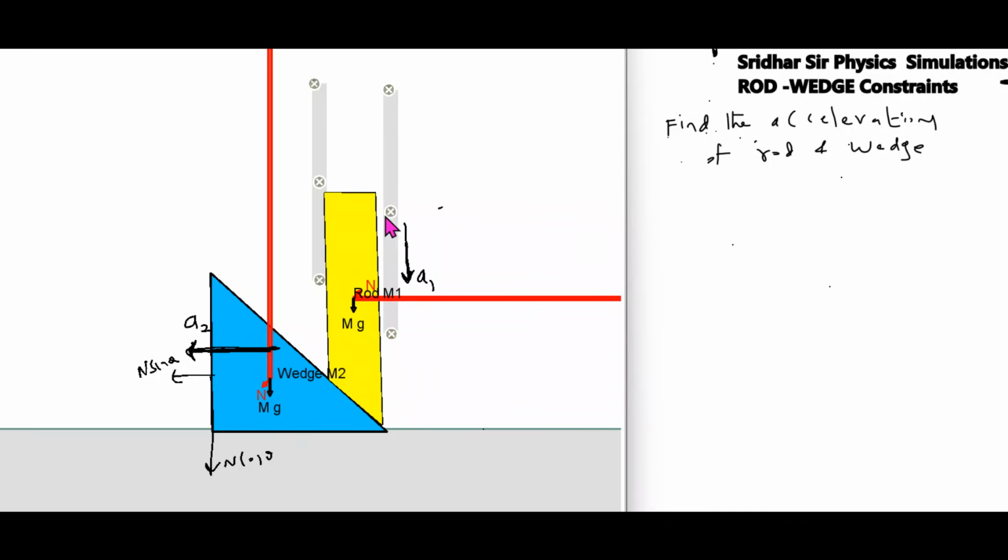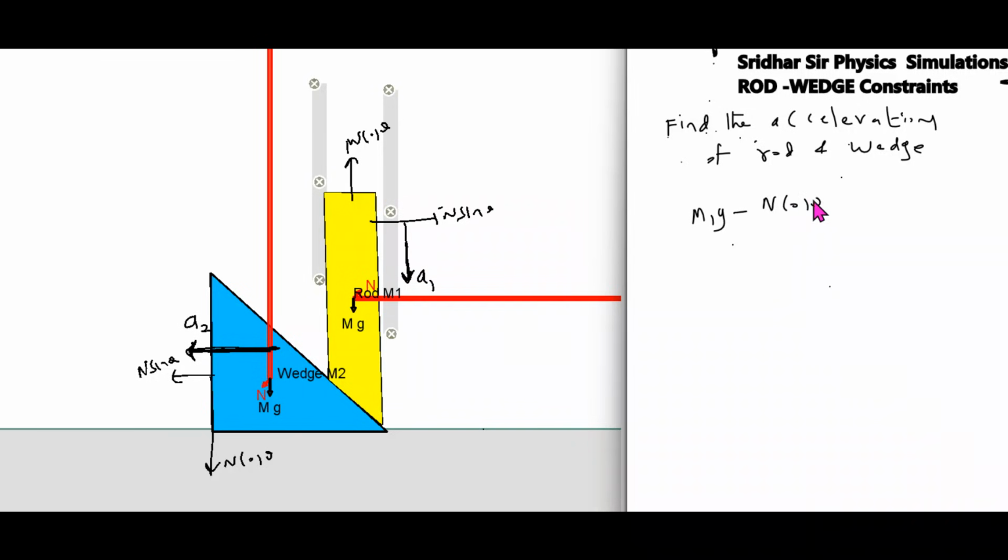Similarly, N sin theta here and N cos theta. Then along the y-axis for the rod, m1g minus N cos theta equals m1a1. For the wedge, N sin theta equals m2a2.